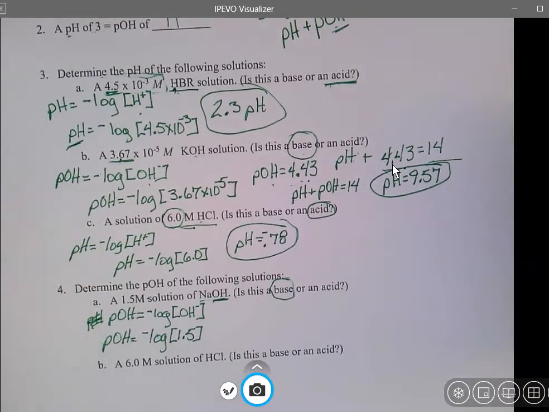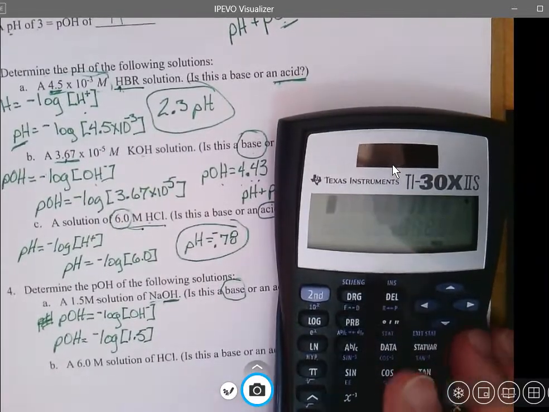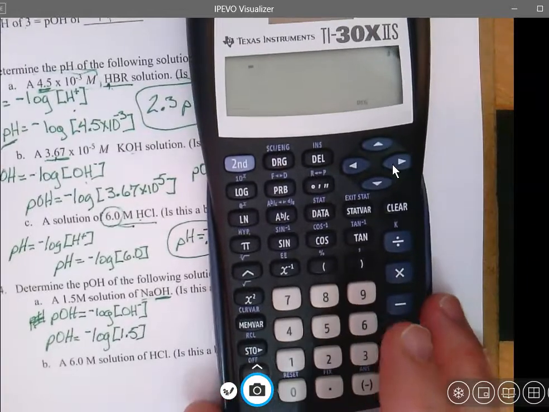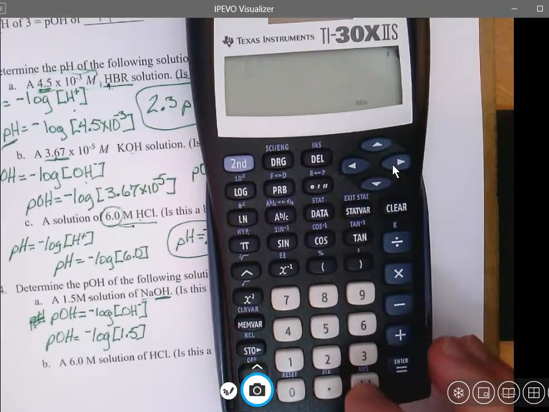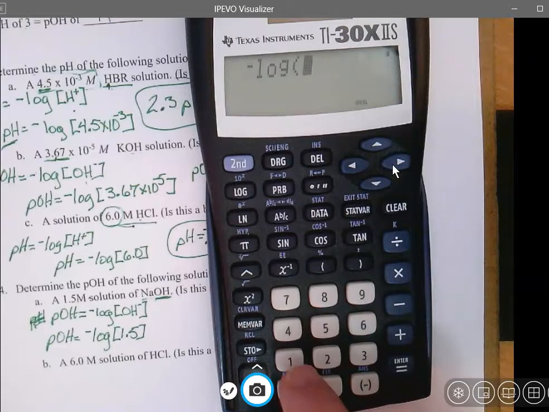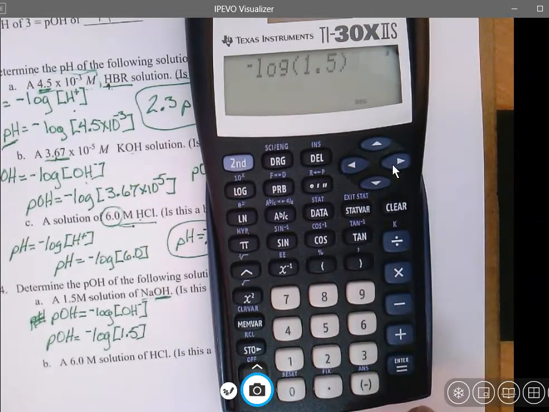So we put this in our calculator. Negative. Clear that out so you can see it. Negative log 1.5 in parentheses.